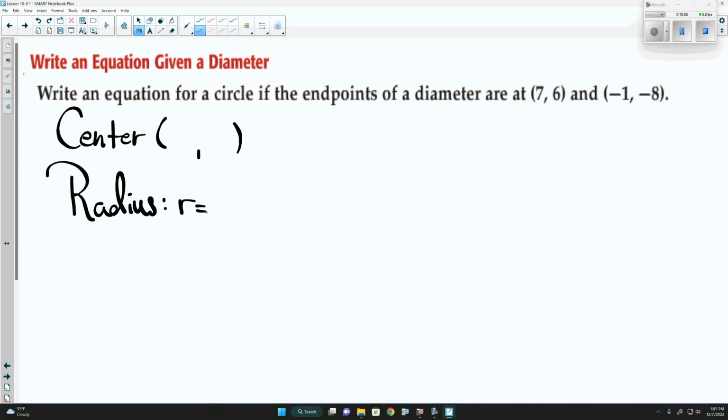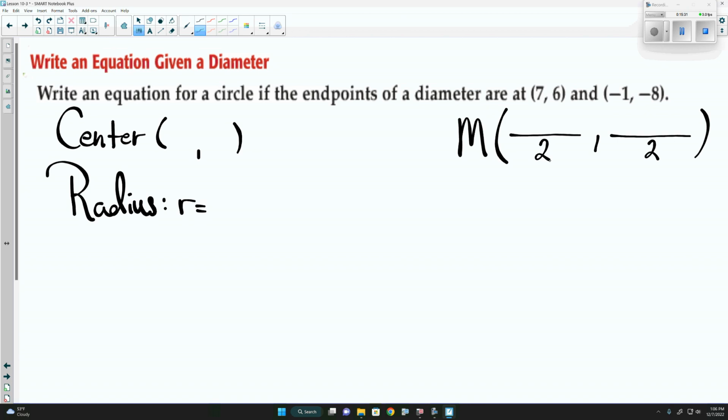So we'll use the other equation we had yesterday: midpoint. Because part of the reason we call it the diameter is it's a line connecting 2 points that go through the center. So the midpoint of these two endpoints of the diameter would be the center.